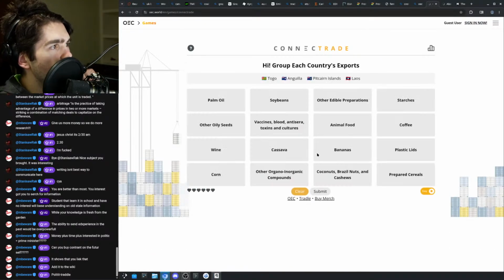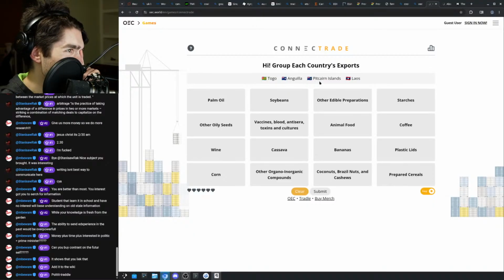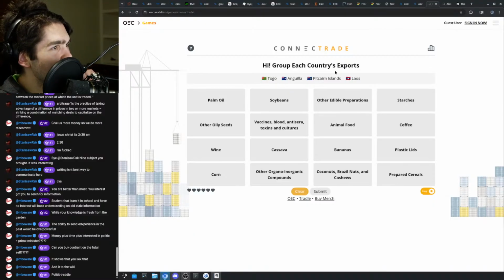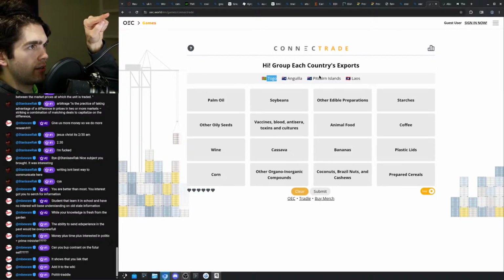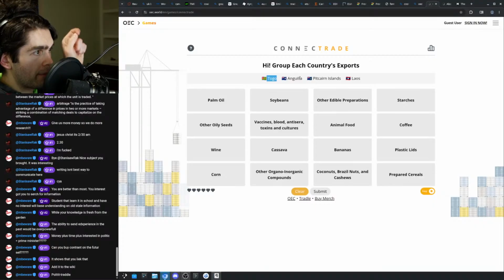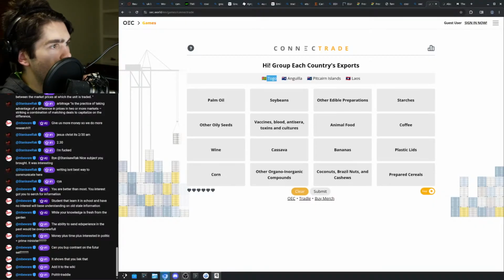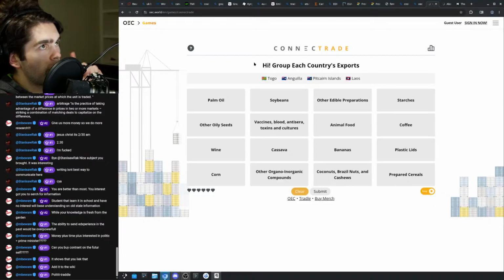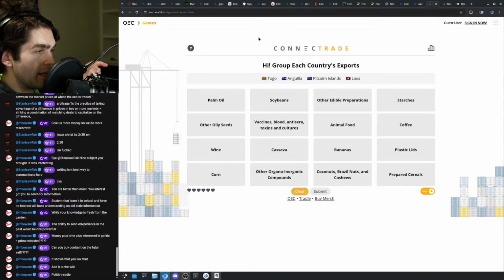Connect rate. Okay, Togo, Anguilla, Pitcairn Island. What the fuck is this? They're all bad. We're gonna die. Togo, so West Africa, the south of it, the strip, right? There's a bunch of countries that are strips. Anguilla is one of the islands in the Caribbean.